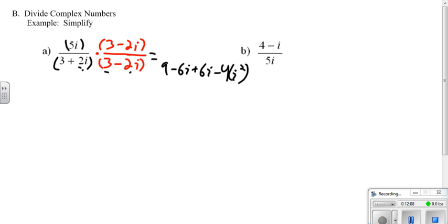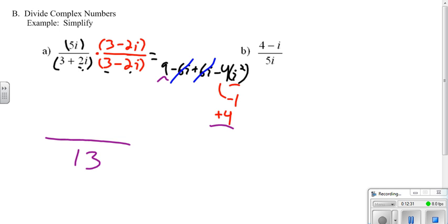Now again, Renee told us that this is actually negative 1. 4 times negative 1 is positive 4. We notice that our negative 6i and our positive 6i subtract out, so we're left with just 9 plus 4. So we know that our denominator becomes 13.